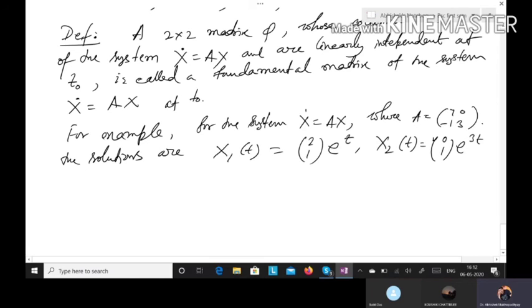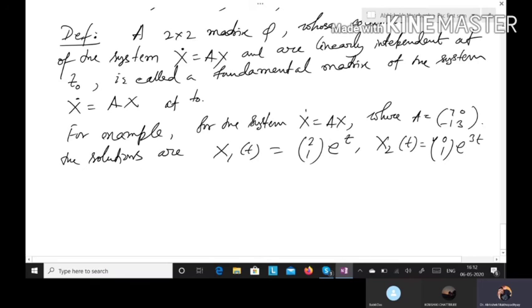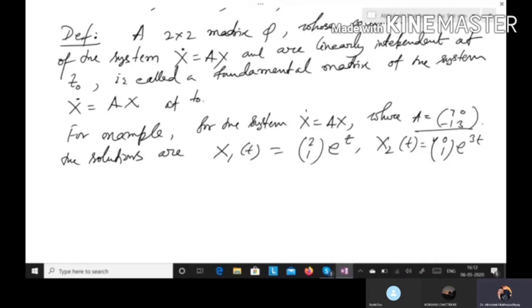So it is your task to get the solutions of this linear system for the matrix A is [1 0; -1 3] using the method of introducing the characteristic polynomial of this matrix, and then finding the eigenvalues and eigenvectors of the matrix.